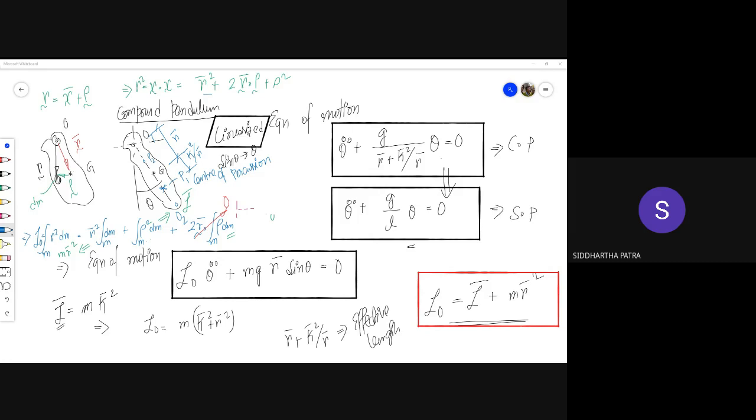Okay, then the next assignment question, that is the third assignment question for the day. That question is, what are the significances of the center of percussion?